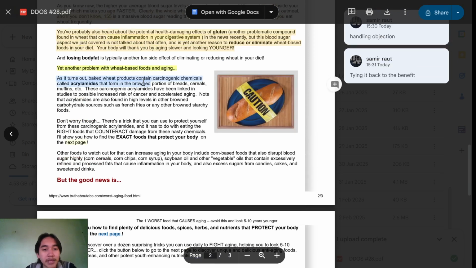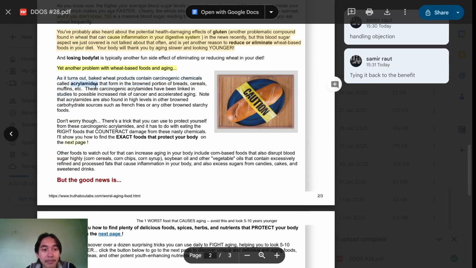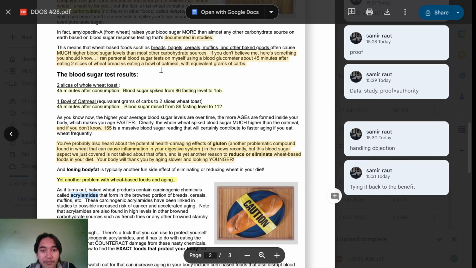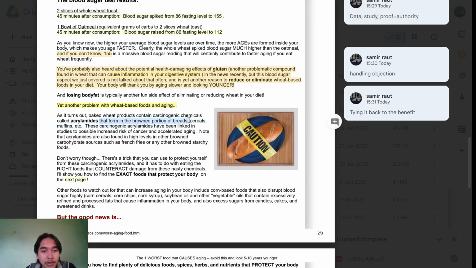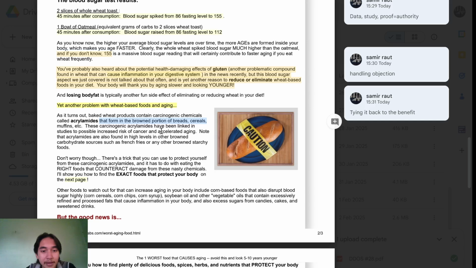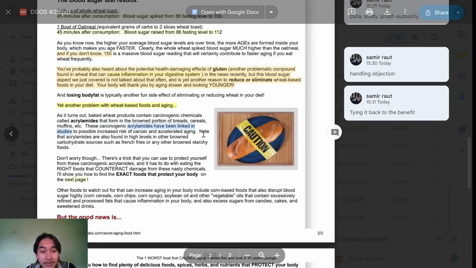As it turns out, baked wheat products contain carcinogenic chemicals called acrylamides. Okay, same, another nuance of the problem mechanism, not the problem itself. That form in the brown portion of breads, cereals, muffins, etc. These carcinogenic acrylamides have been linked in studies to possible increased risk of cancer and accelerated aging.